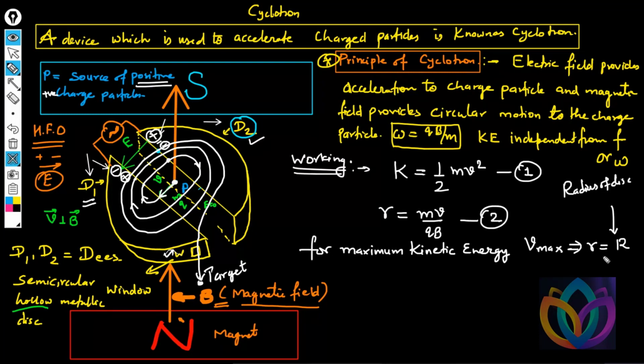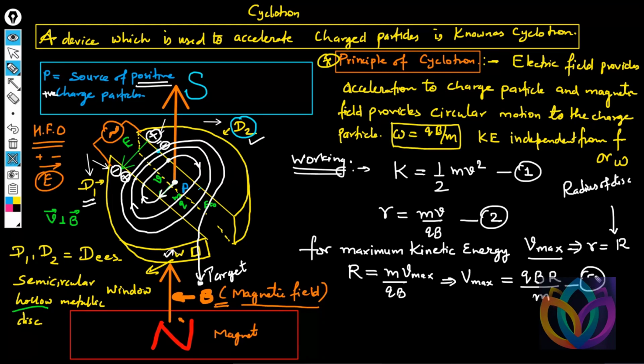So in that case, if I put small r equal to capital R, v will become maximum. So capital R is equal to m v maximum upon qB. So the maximum velocity I am getting equals qBR upon m.